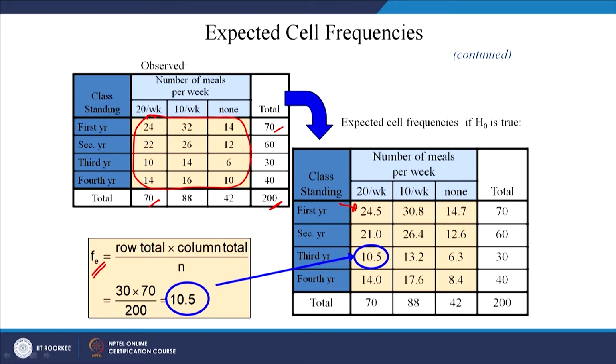Let us say if you want expected frequency for this particular cell, so 70 into 42 divided by 200, you will get this. Similarly, for this, what would be the expected frequency? Row total, which is 30, into column total, which is 70, right, multiply both of them and divide by 200, right. So, this is 10.5. So, this is how you can calculate expected frequencies.